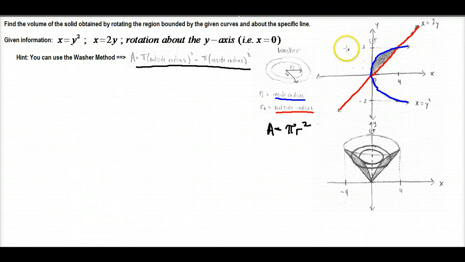Now, one last thing before we actually start this problem. Notice that since we're rotating about the y-axis, that means we have to integrate with respect to y. So when we do our infinite sum, or our integration, we are going to integrate from 0 to 2, which is from here to there, and not from 0 to 4, since our functions are written in terms of y and not of x.